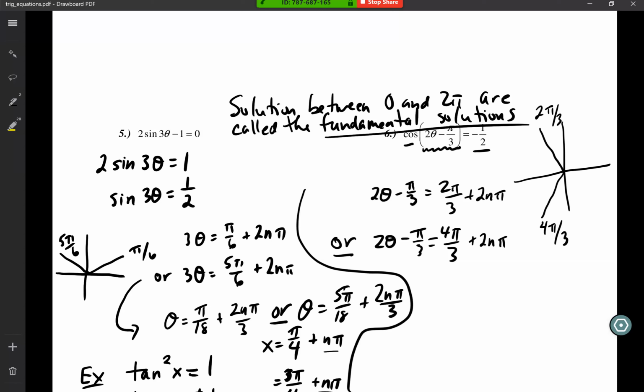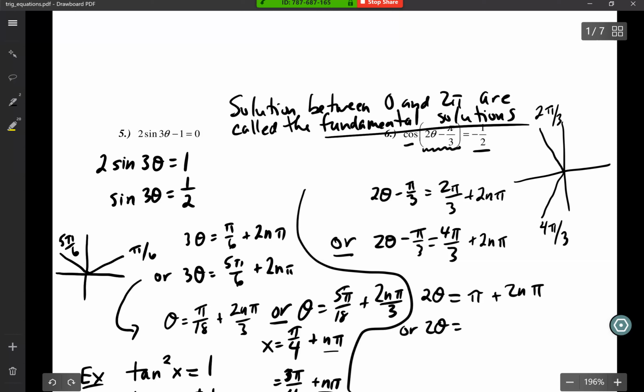So to solve for theta, to get theta by itself, I need to add pi over 3 to both sides. In both equations here, we're going to need to add pi over 3 to both sides. So if I add pi over 3 over here, I just get pi plus 2n pi.